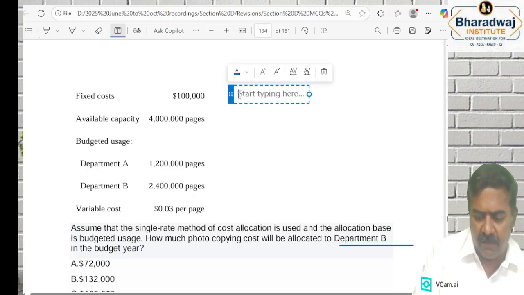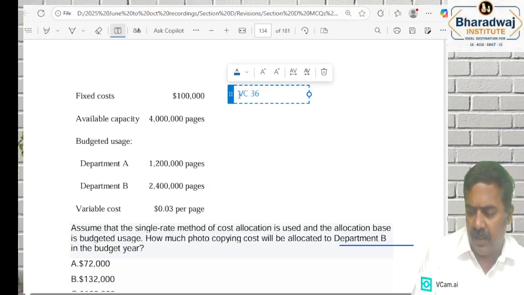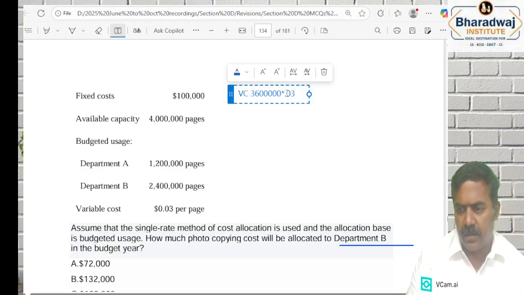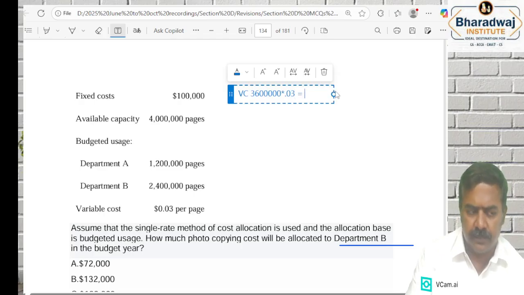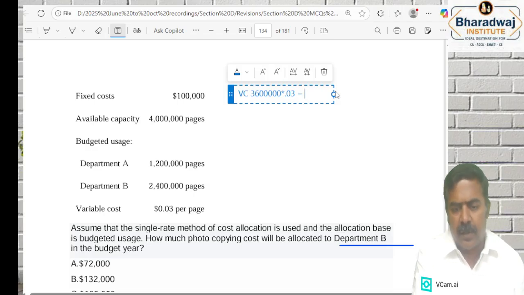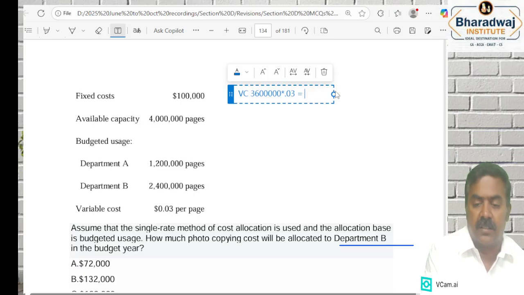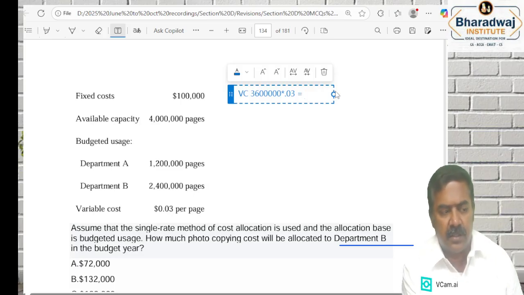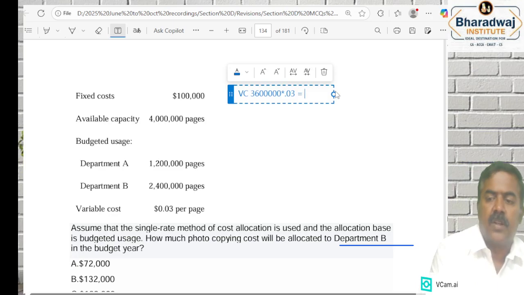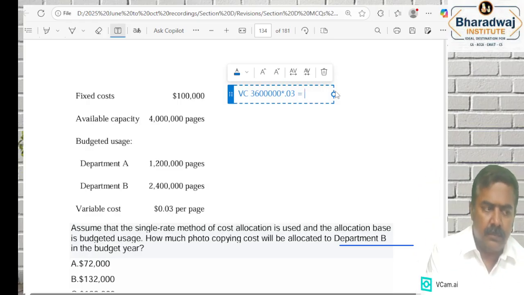Fixed cost 1 lakh. Variable cost will be based on number of pages. 36 million into 0.03. They asked for department B. We are not allocating, we are applying which one? Single rate method. Both fixed and variable cost will be applied using single rate method. What is the total? 36 lakhs into 0.03.